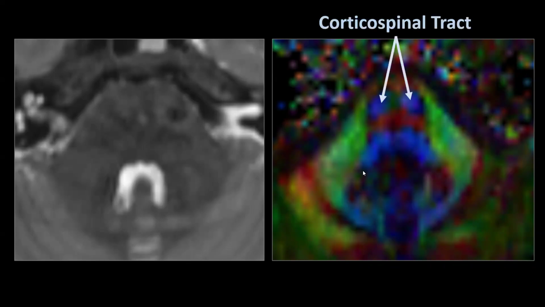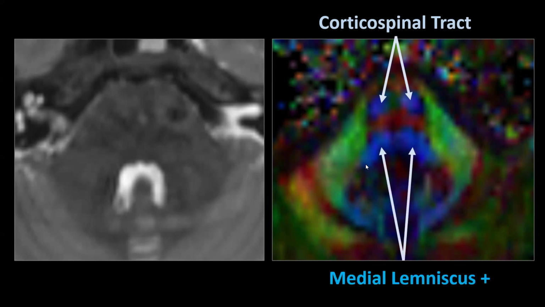Okay, if we look at conventional T2-weighted images, like shown here, it's impossible to see the various white matter tracts that are present in the brainstem. We can, however, visualize those using diffusion tensor imaging. Then we can visualize the white matter tracts using these color maps, and the corticospinal tracts are located over here in the basis of the pons, and at the back in the tegmentum we find the medial lemniscus and other sensory pathways.